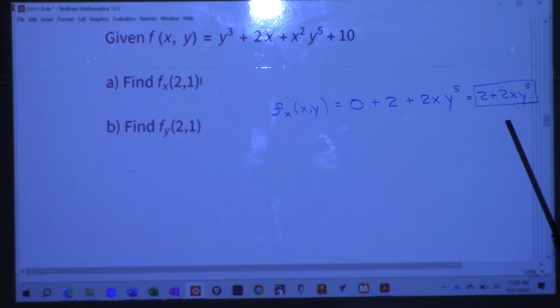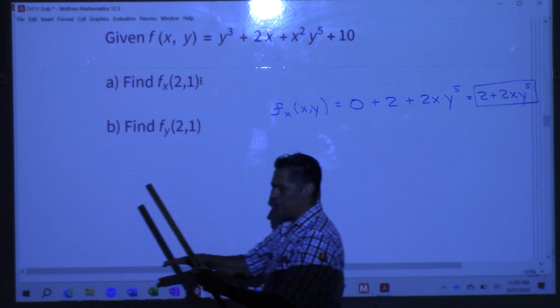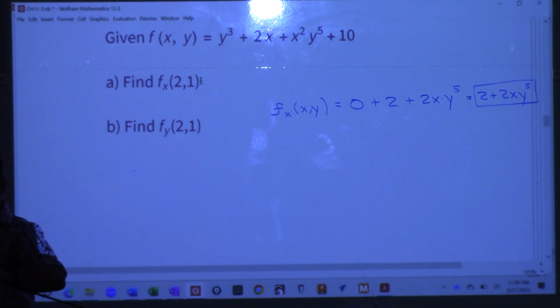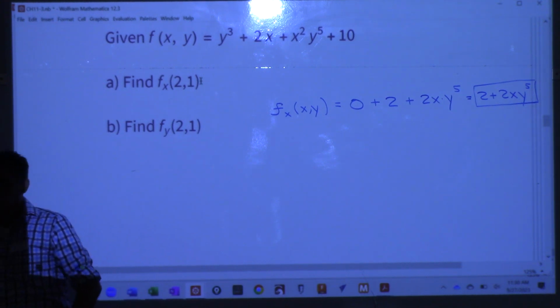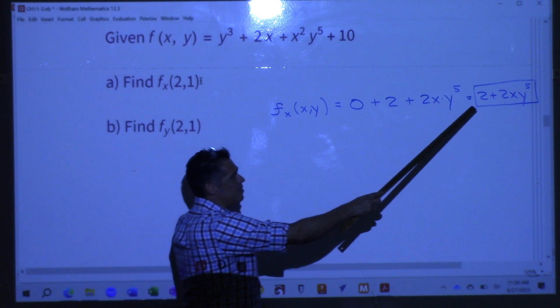What does that represent? What does this mean? It means for this surface, if I hold y constant, slice it at some value of y, I'm going to get a curve. And the slope of the tangent line on that curve is equal to this.